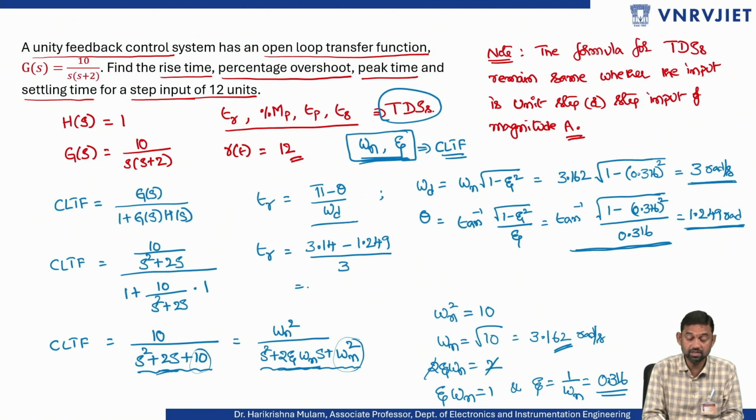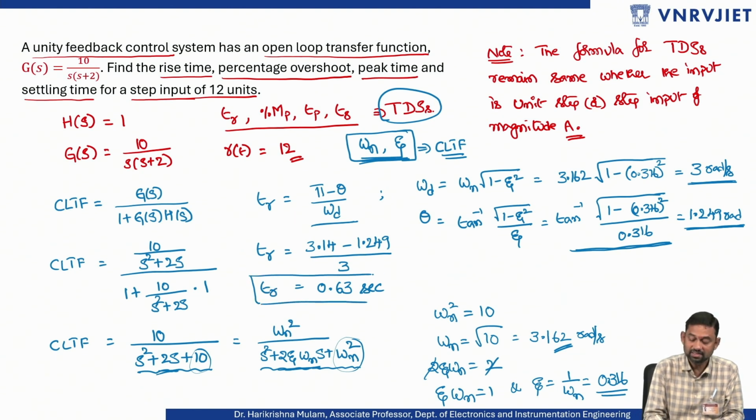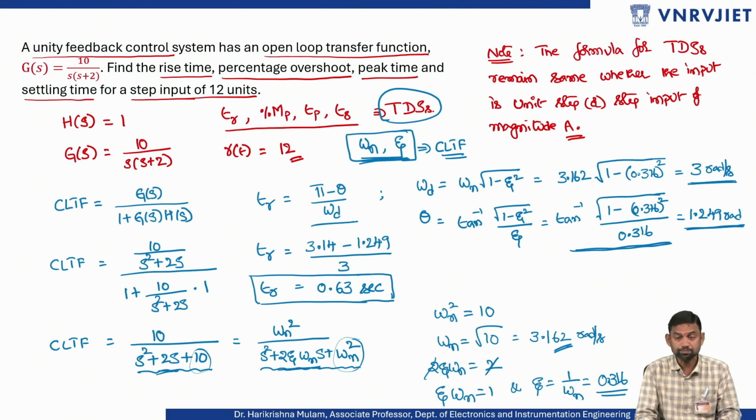Therefore, if you compute this, it comes around 0.63 seconds. The rise time of the system is 0.63 seconds. It is the time taken by the response to reach 100% of the final value for the very first time.